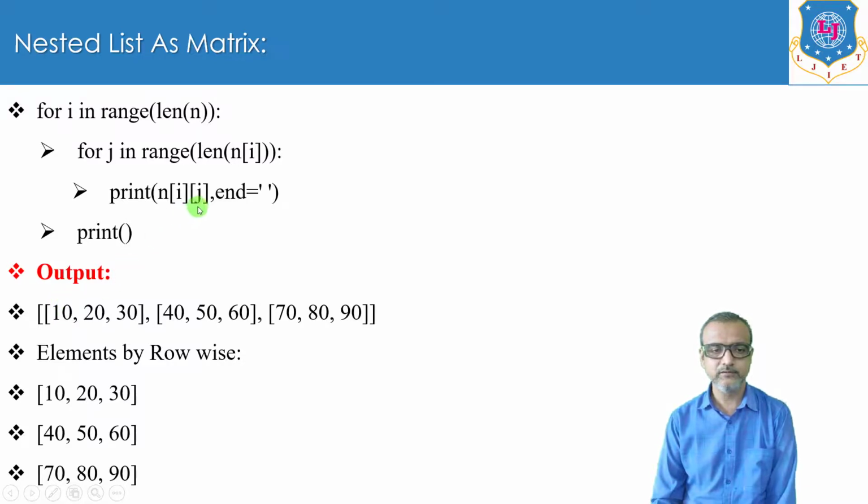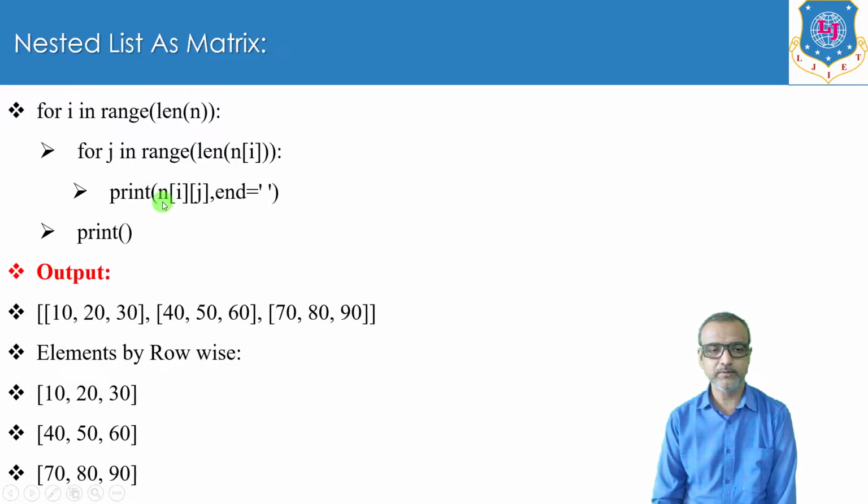Then for j equals 1, it will print n[0][1], that is 20. For j equals 2, it will print n[0][2], so it will print 30. Then for the next iteration of i, the value of i will become 1, and again j will take the values 0, 1 and 2.